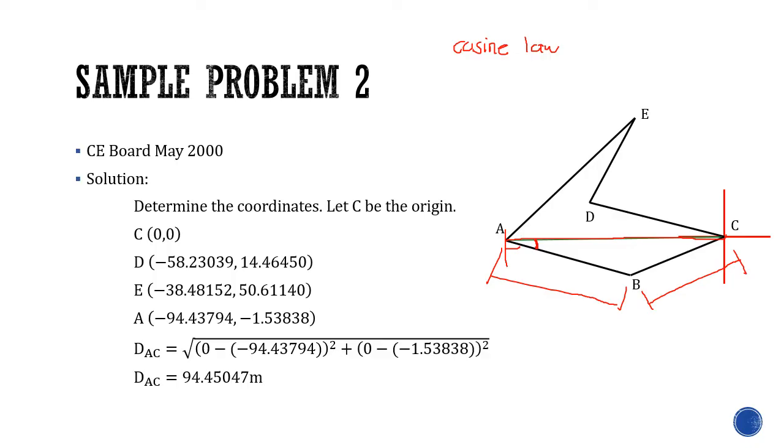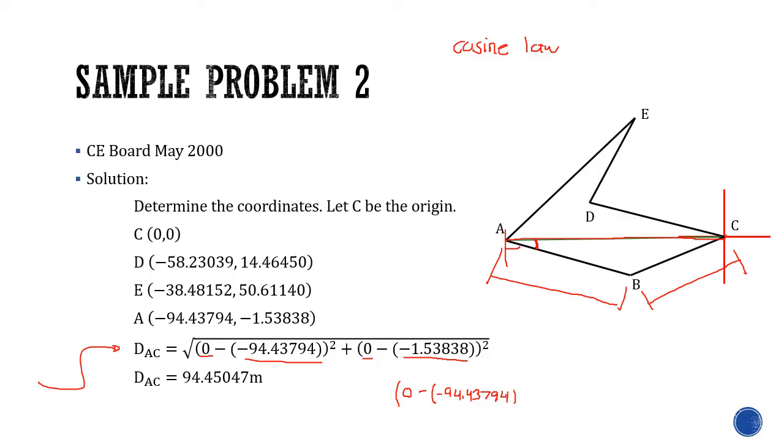Okay, if you will use your distance formula, which is basically Pythagorean theorem lang din naman, ang ginawa dito, coordinate of C minus coordinate of A sa X, tapos coordinate of C minus coordinate of A sa Y. Ayan lang siya, no? Try na natin: X coordinate of C, 0, minus X coordinate of A. X coordinate of A is negative 94.43794.